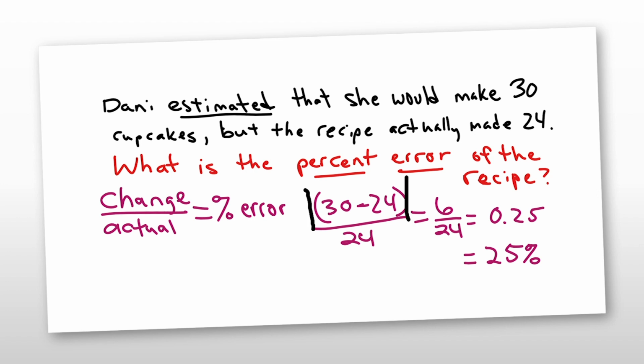So here's what I'd like you to do. If you have 24 cupcakes instead of 30 cupcakes, how many cupcakes then would be green, pink, and blue? And remember that we have 22% of the icing is green, 33% is pink, and 44% is blue.